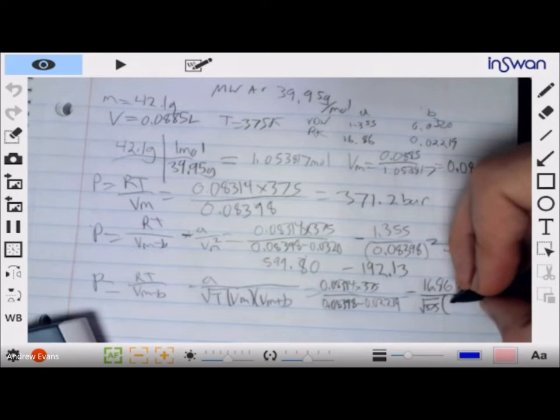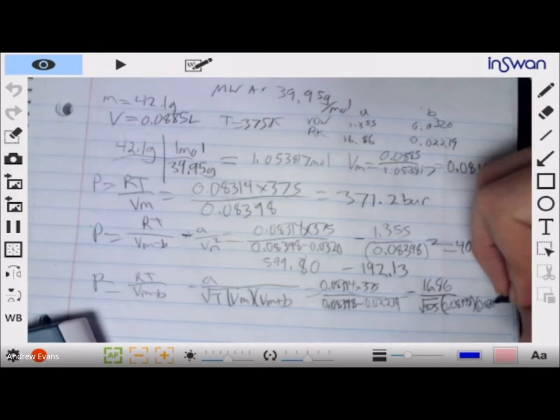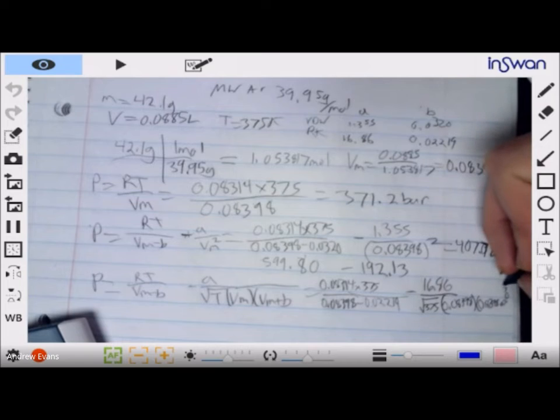And then our V sub M, 0.08398, times 0.08398 plus 0.02219.